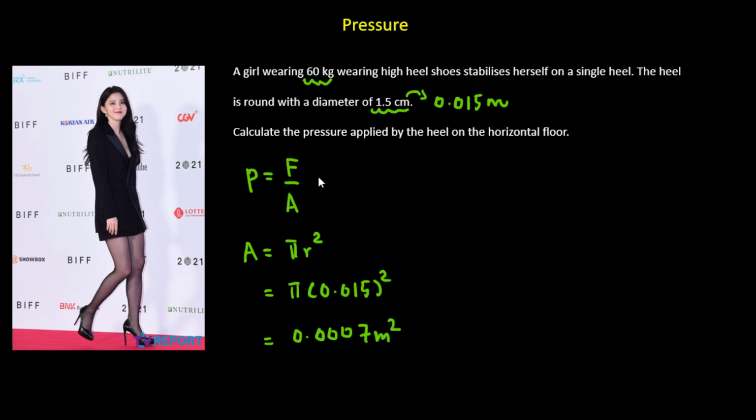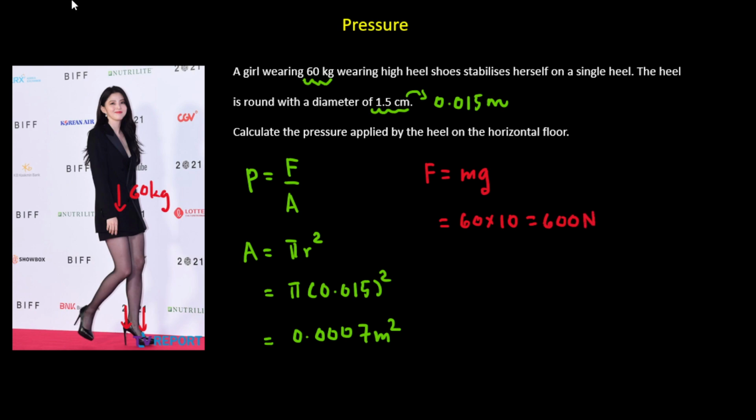And since P is equal to F by A, for force, the force is the weight of herself applying on the shoes. It's the weight of her entire body, which is 60 kilograms. So your force will be mass times acceleration due to gravity, which is 60 times 10. This will give us 600 newtons.